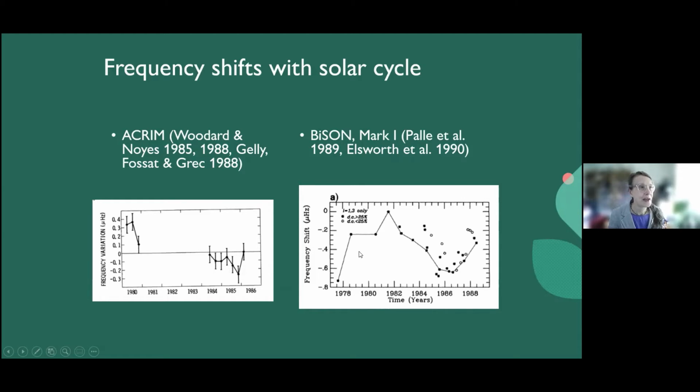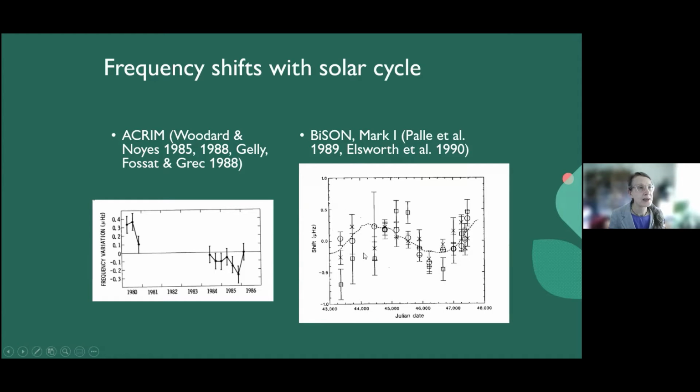And then there's these measurements from the instrument in Tenerife, which became part of the BiSON network. And there you can see the whole solar cycle going up and down. And then we did the same thing with the early parts of the BiSON network.